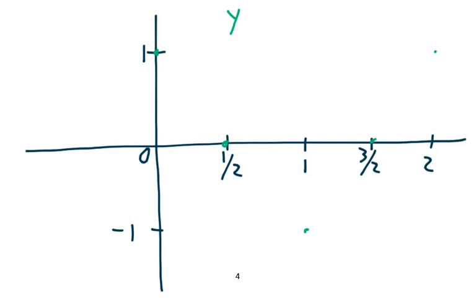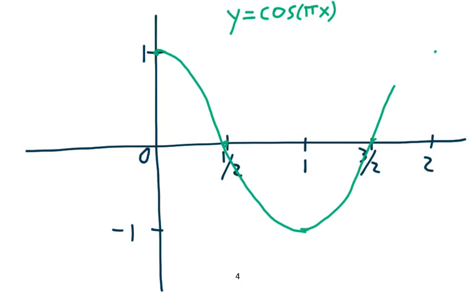Again, this is y equals cosine of pi times x, and we can see that one cycle of it is completed in the interval from 0 to 2. So we can see, just like we saw a few seconds ago, that the period is 2. One cycle of it is completed in the interval from 0 to 2.